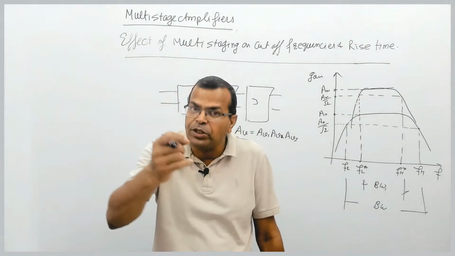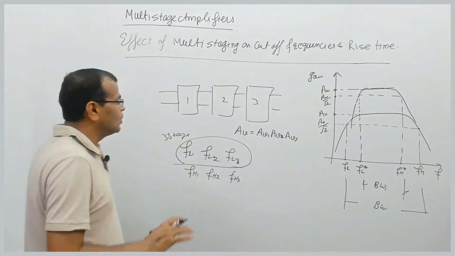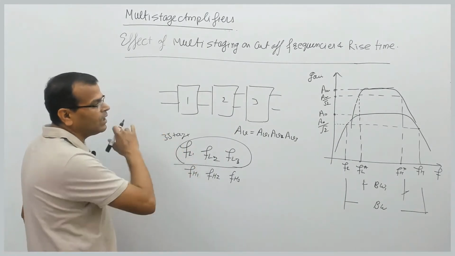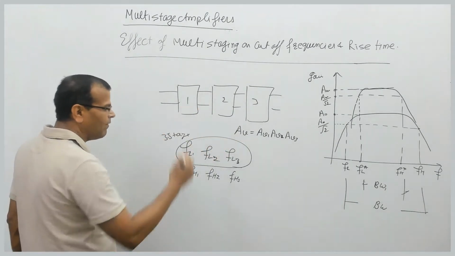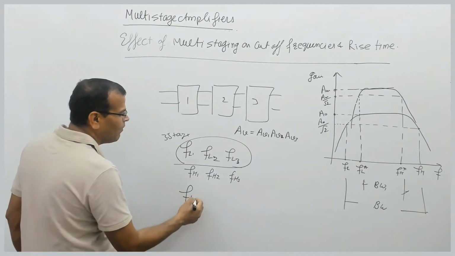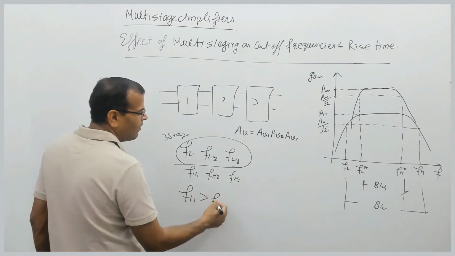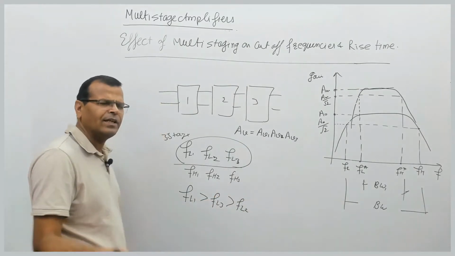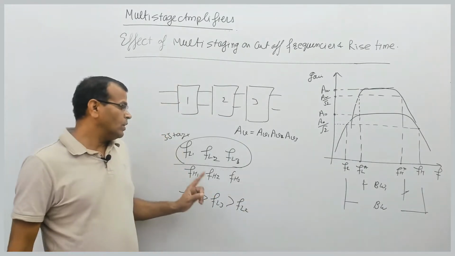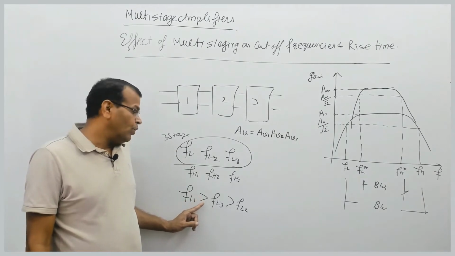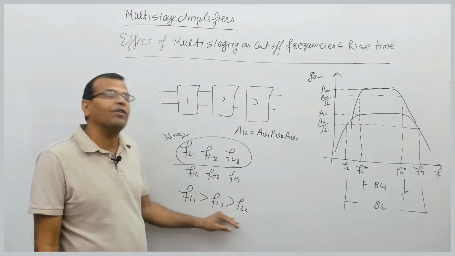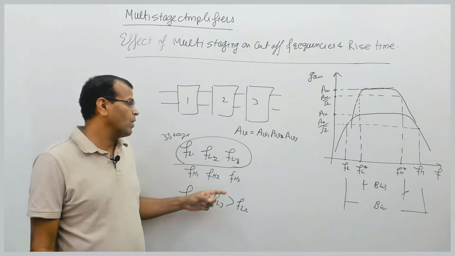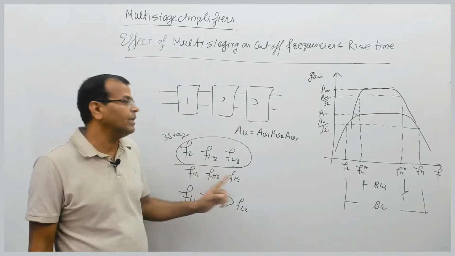Out of 3 frequencies, these may have different values. Say FL1 is lower than FL3, then FL2, or it can be otherwise.